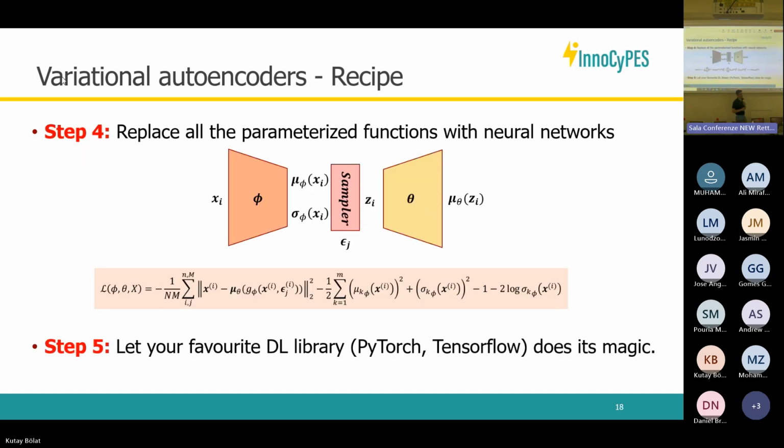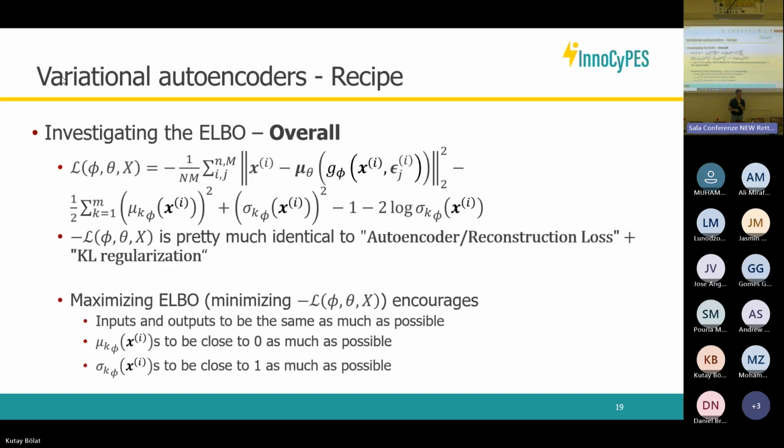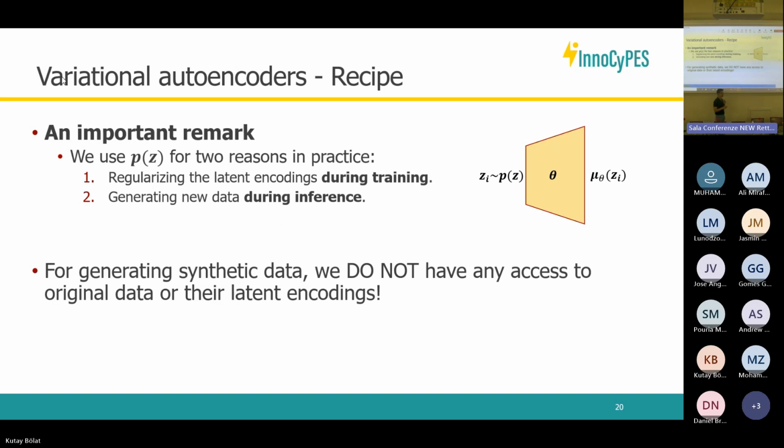If we replace all the parameterized functions with neural networks, we end up with this, which is the first image. Then, since we have the objective function and the neural networks, just take your favorite deep learning library and it does its magic. It's pretty straightforward. I'm not going to investigate the overall ELBO that much. We can talk about it if you want.